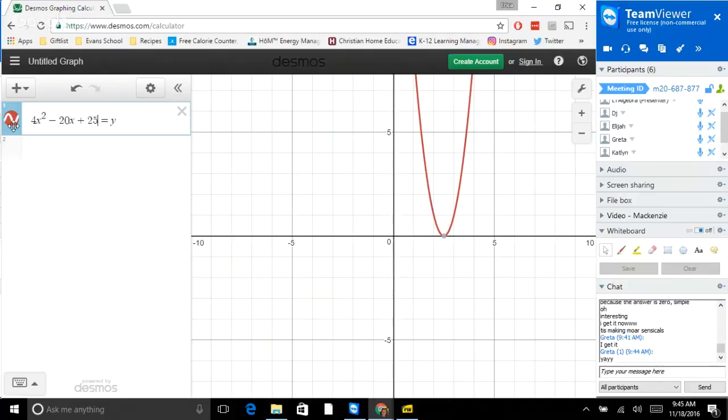Okay, so here's my parabola, and I'm trying to figure out when y equals 0, what is my x? And my x is at 2.5. So you can see we only have one solution because the vertex of the parabola actually hits on the x-axis. So the only solution is 2.5, or 5 divided by 2.